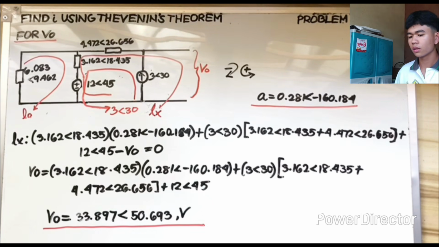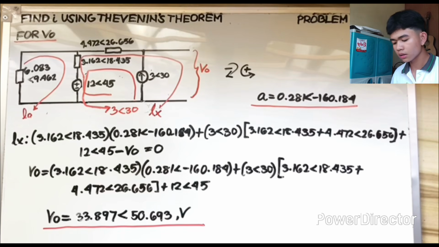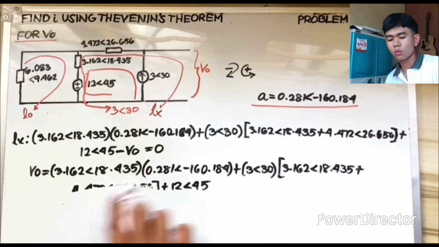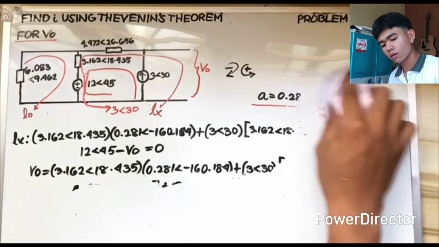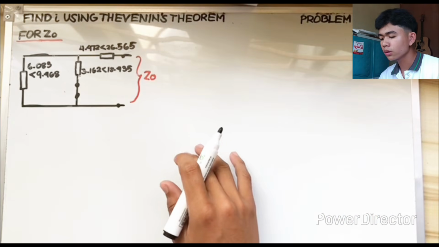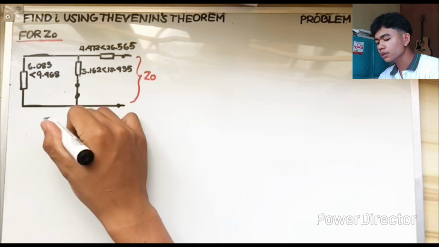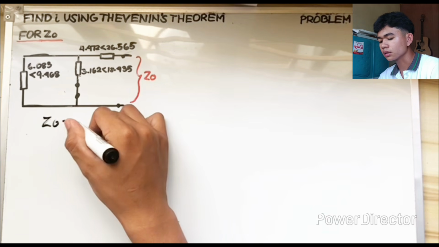And now we can get the ZO. ZO is just like solving the total resistance.